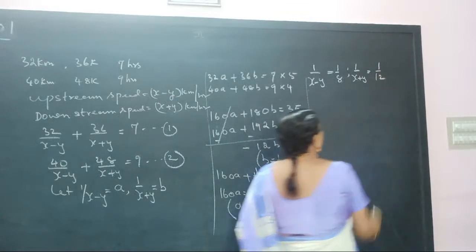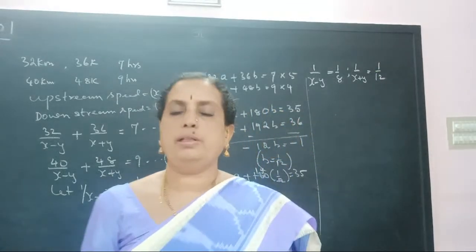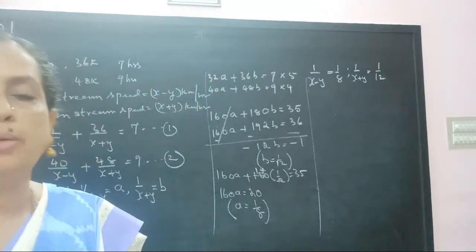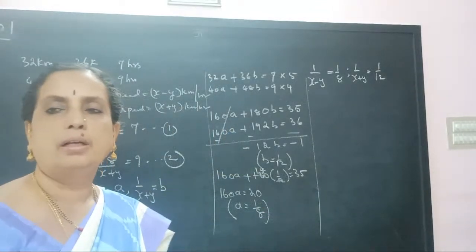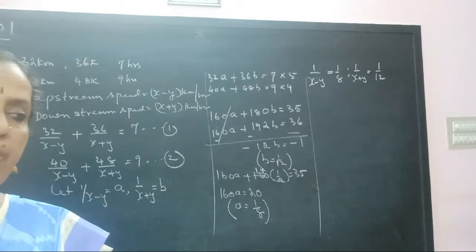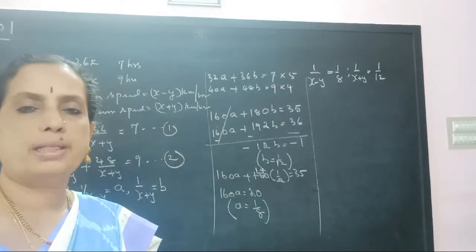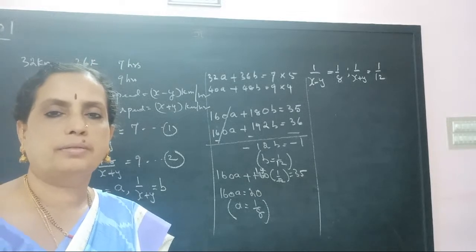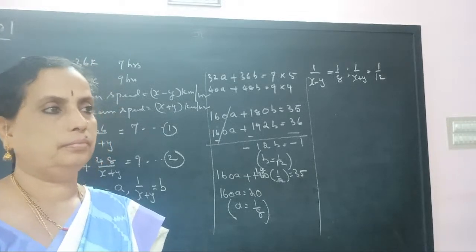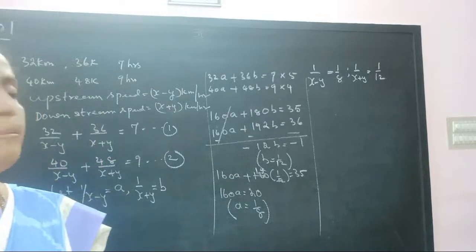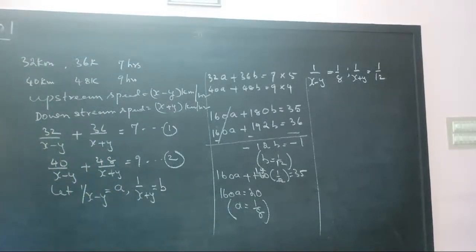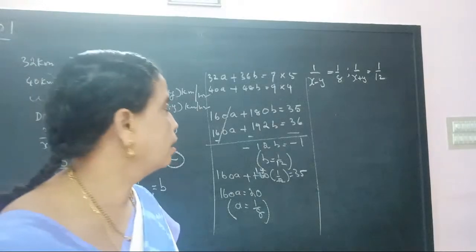Yes, do cross multiplication. Further, by any substitution method or elimination method, you can cancel one of the variables and get the values of x and y. Yes. Two x equals, x equals 10.